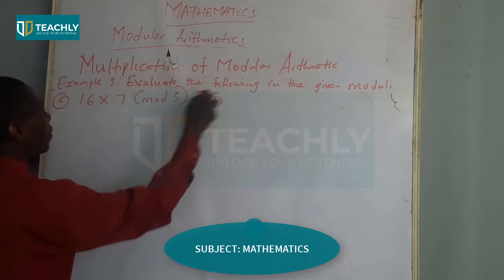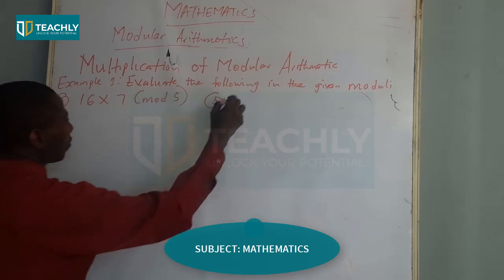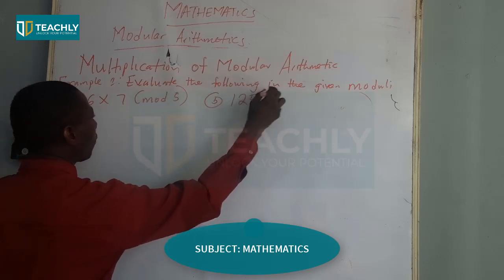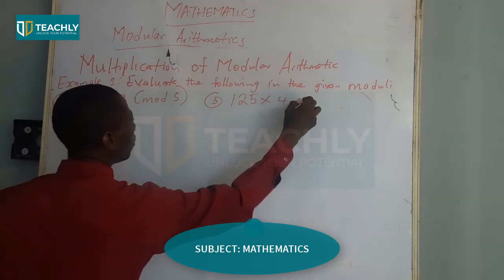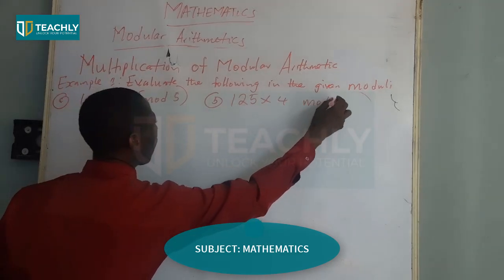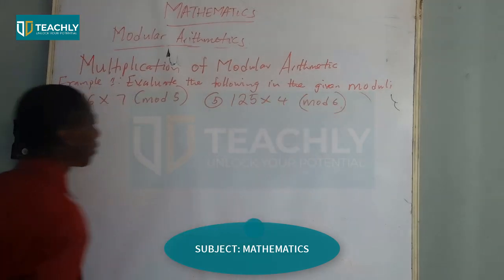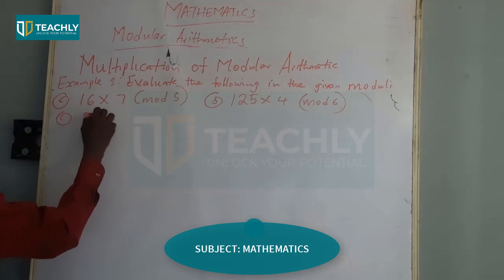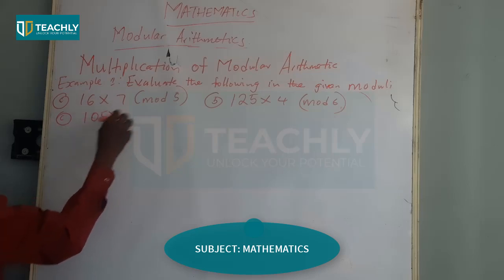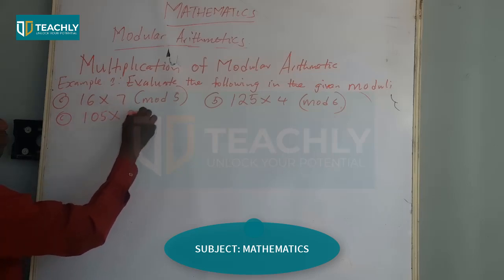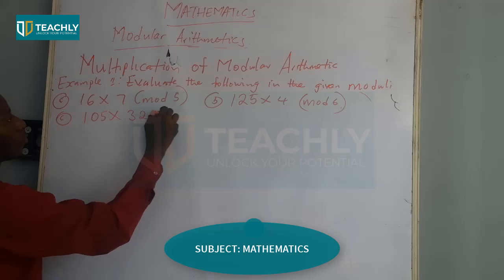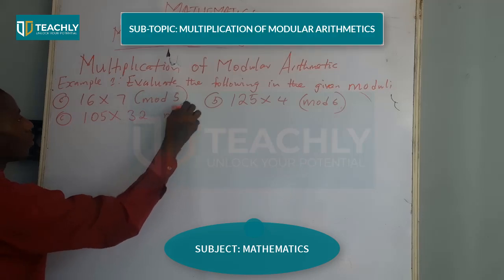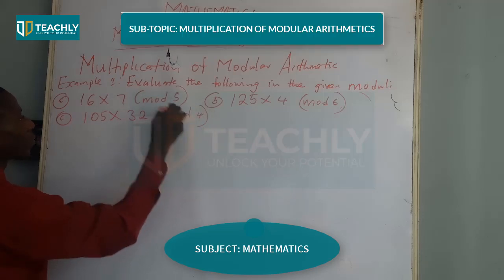B, you have 125 multiplied by 4 in modulo 6. And lastly, C, we have 105 multiplied by 32 in modulo 4.